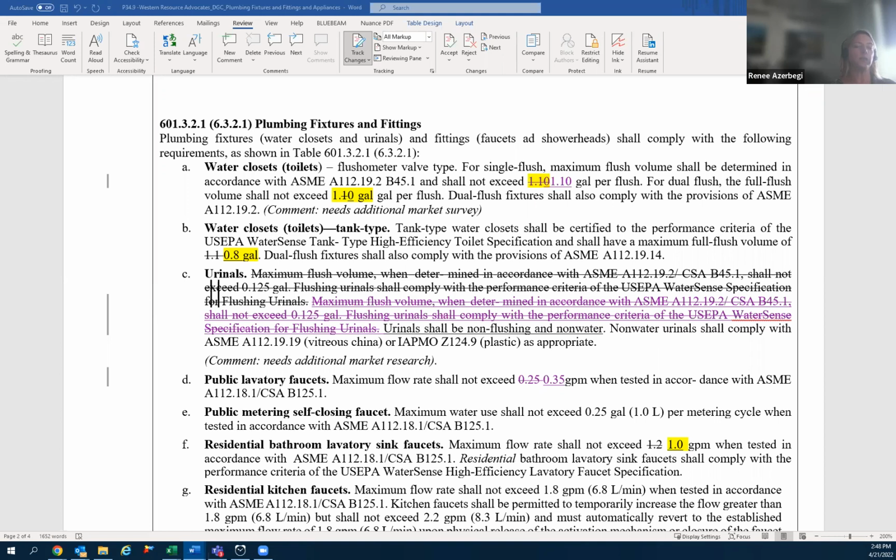I do agree with you about the 1.1 because we've had those conversations as well. And I would like to see 100% on the drinking fountains. Does anybody have any comments on the 0.25 versus 0.35 availability and cost? I just haven't seen 0.25 either, so I would be curious.